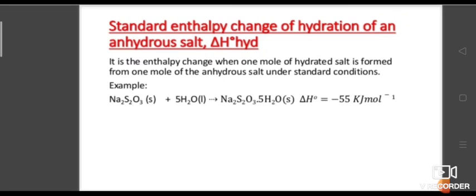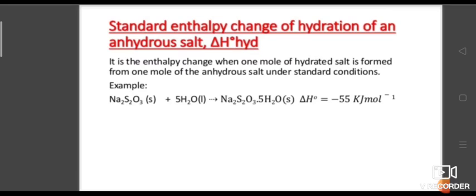Standard enthalpy change of hydration. Hydration means the enthalpy change when 1 mole of hydrated salt is formed from 1 mole of anhydrous salt under standard conditions. Hydrated salt means a salt which contains water molecules. So hydrated salt is formed from its anhydrous salt. How does an anhydrous salt change to a hydrated salt?